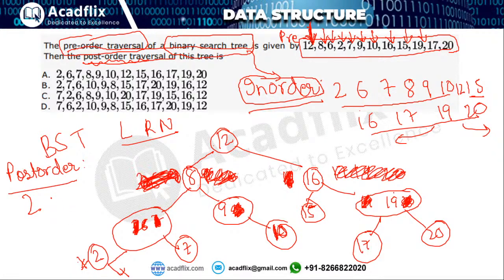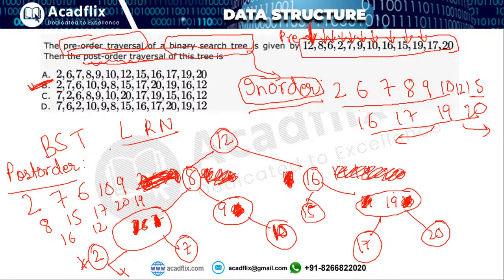So 2, and then 7 will be processed, then 6, then 10, then 9, then 8. I'm going very fast, but probably you'll be able to get how to find out the post-order traversal. Fine. So this is the answer, right?